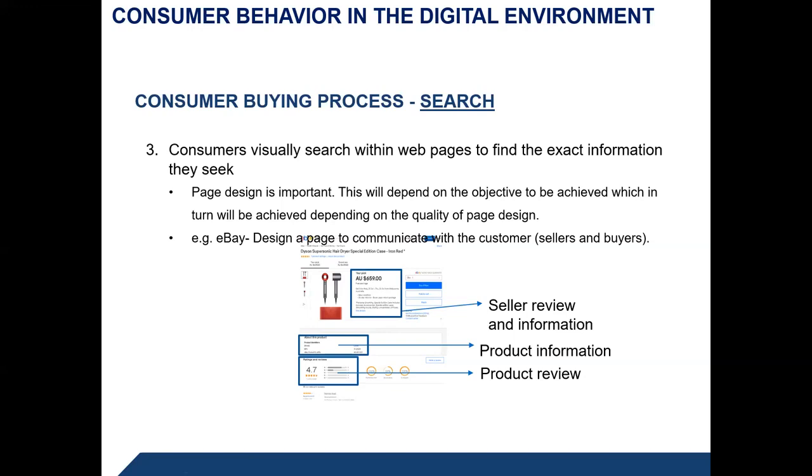And that will give you enough idea whether you want to go ahead and examine the product offering from this seller. Apart from that, because this is eBay where secondhand products are being sold, seller review information becomes really important for consumers to make a choice. Then the product information, and then finally the product review.